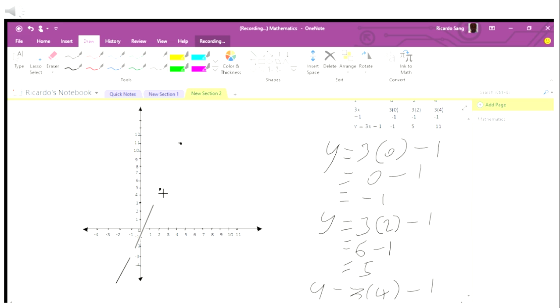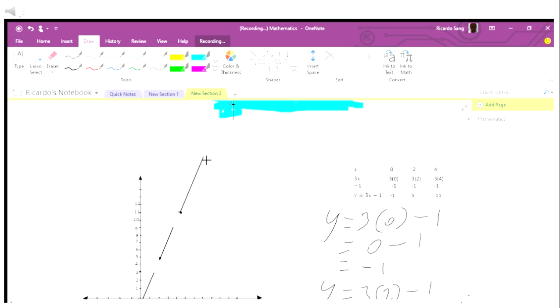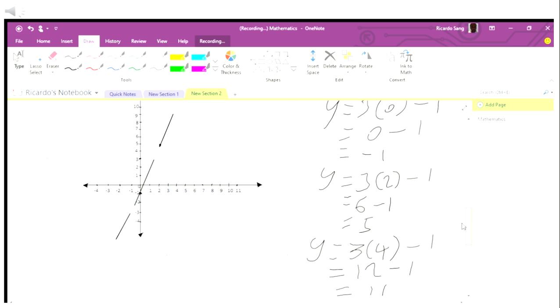It's not going to be 100% straight because this app is built with broken lines. We're trying to get that as straight as possible. So that's as straight as we can get it. Alright, so that is the line.